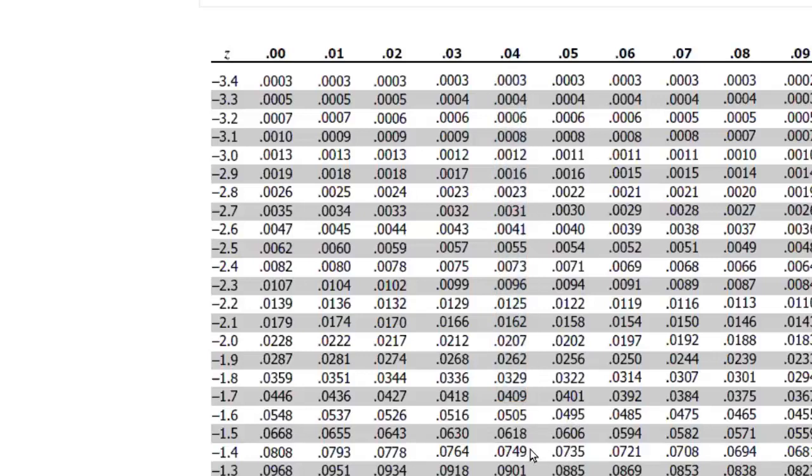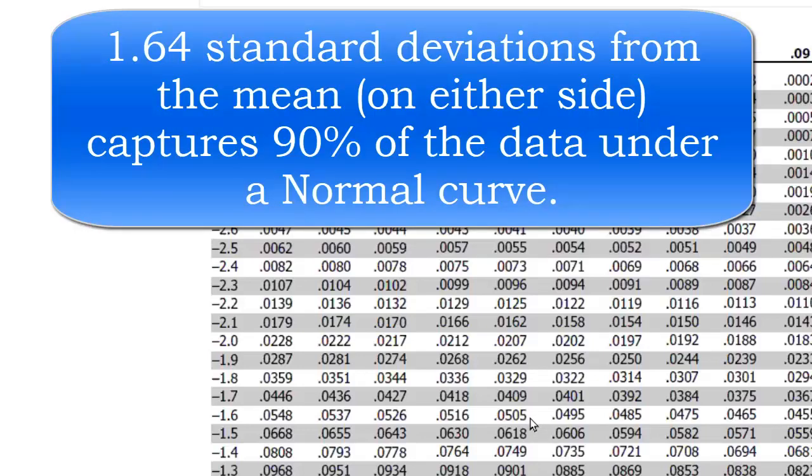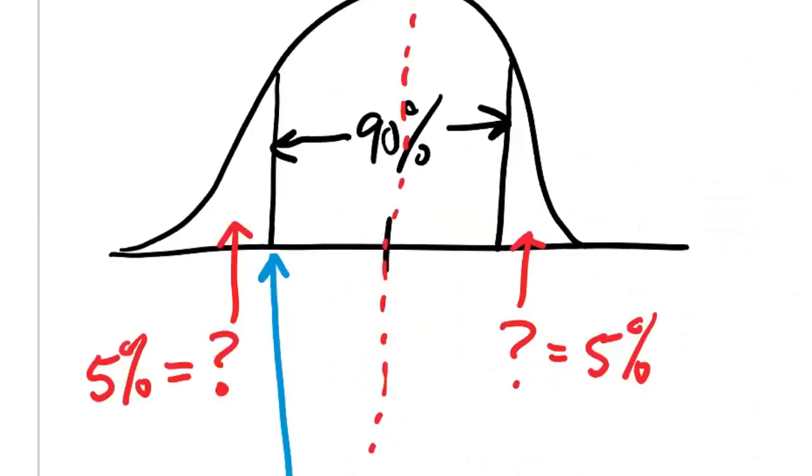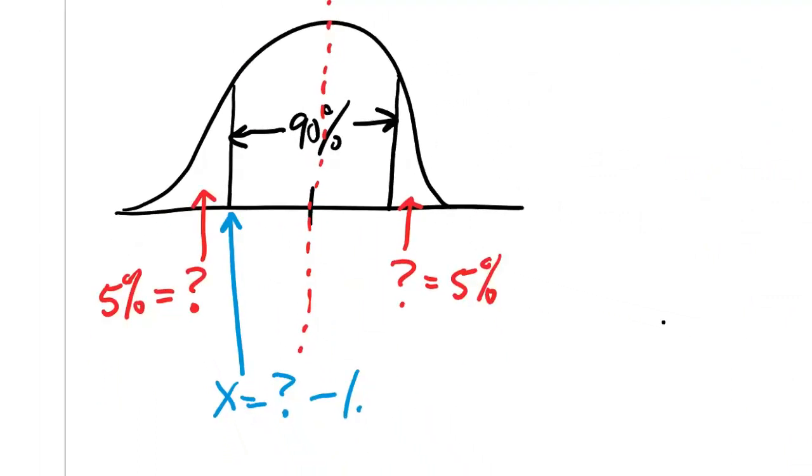If you are that many standard deviations away from the mean, then you're capturing 90% of the data within that many standard deviations. So those who have studied this a little bit more in detail, on the left side it's negative 1.645, but on the right side, it's positive 1.645.